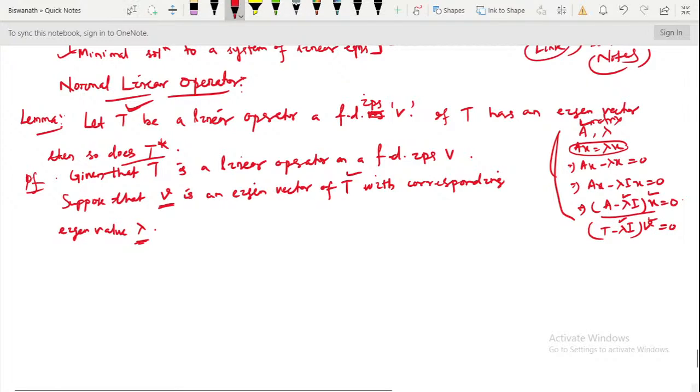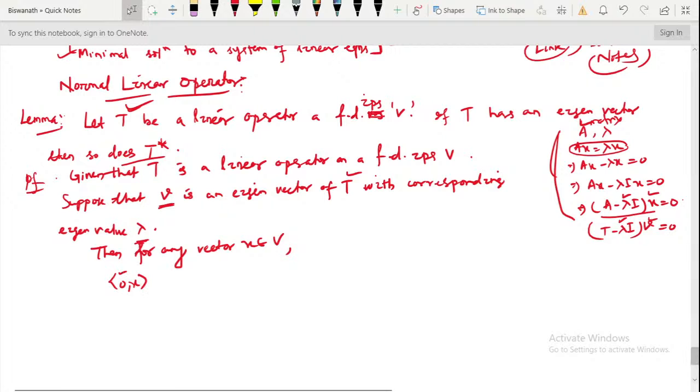Then for any vector x belonging to V, what is the inner product of 0 and x?